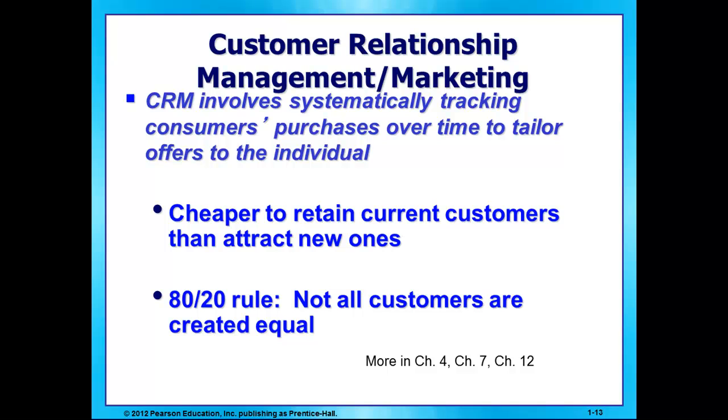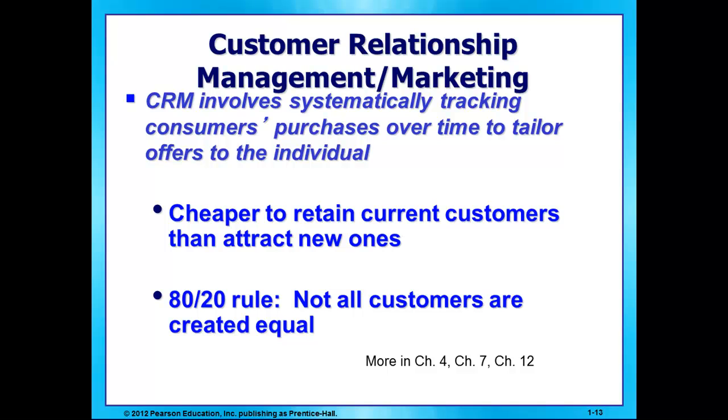CRM is also based on the premise that not all customers are created equal, and this is a really tough premise for marketing because our society is based on being very egalitarian, at least in theory, and at heart one might wonder, why is $1 from one particular customer perhaps more valuable than $1 from another customer?